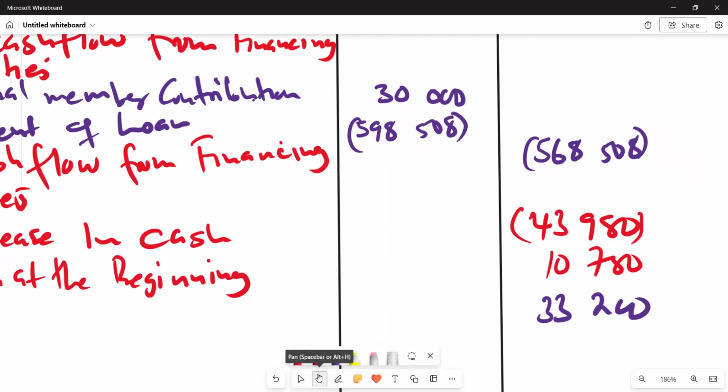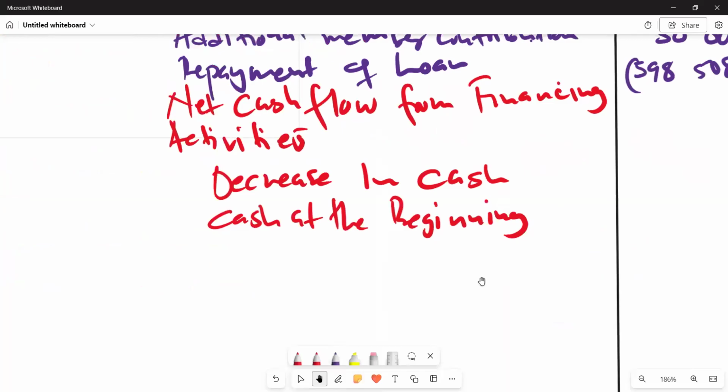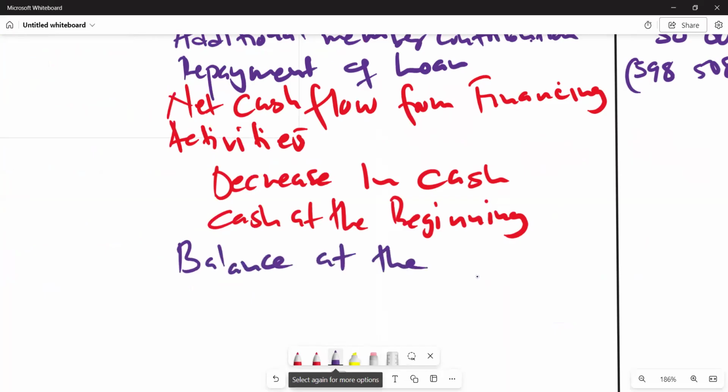So here we're saying balance at the end. So this is our balance now at the end.